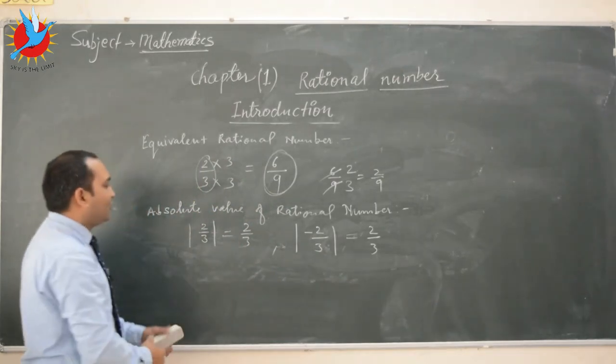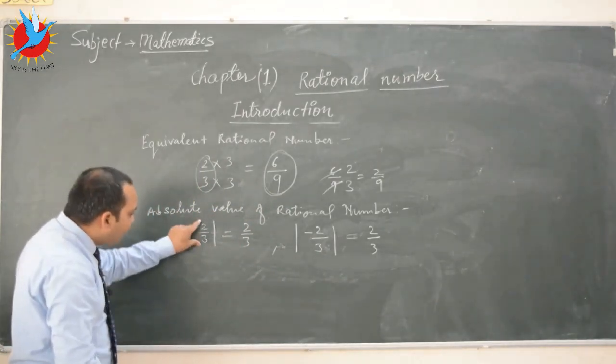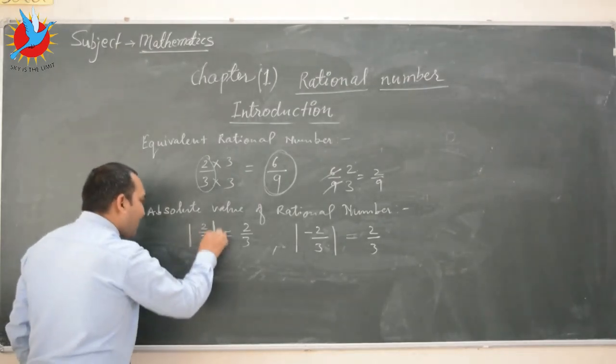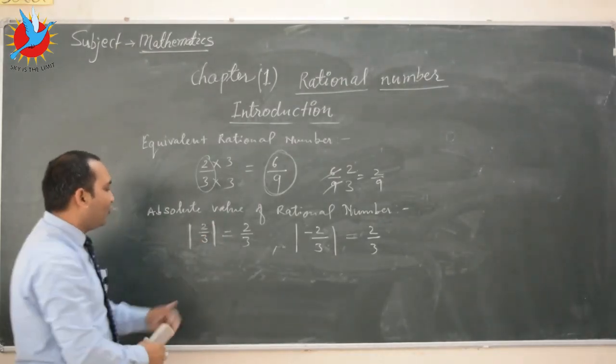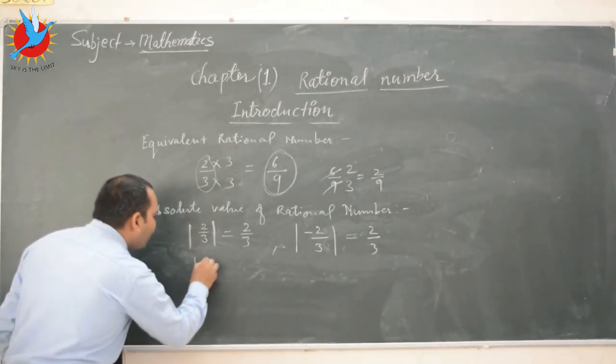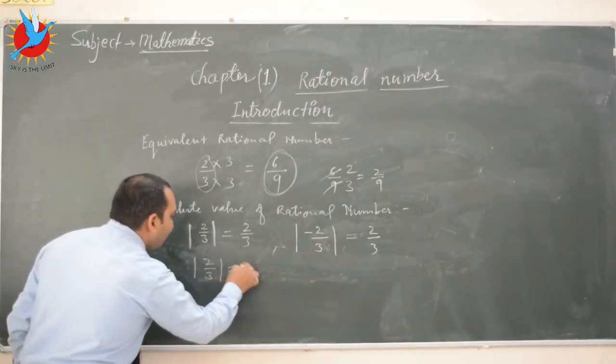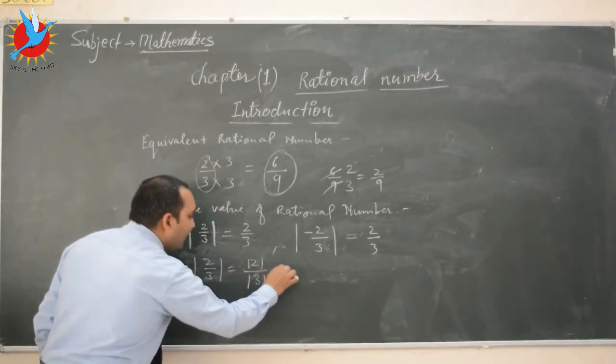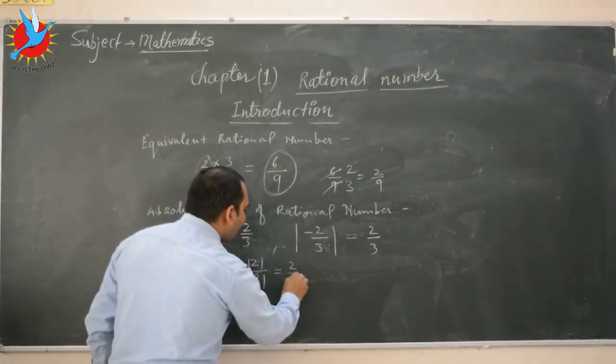In both situations, the numerical value is positive. The absolute value of 2 upon 3 can be written as absolute value of 2 upon absolute value of 3, and this can be written as 2 upon 3.